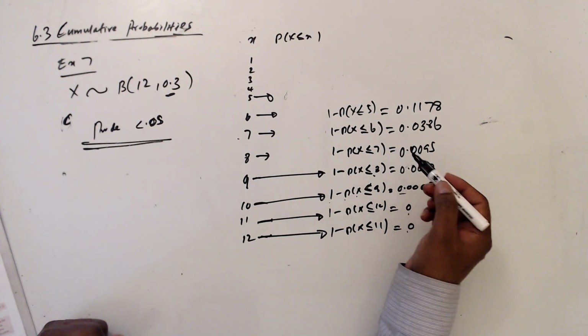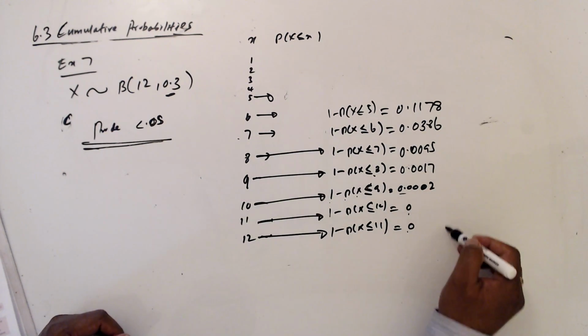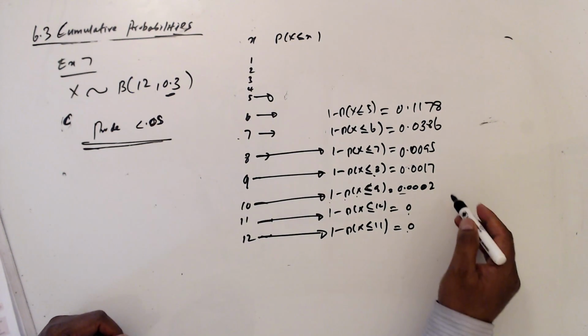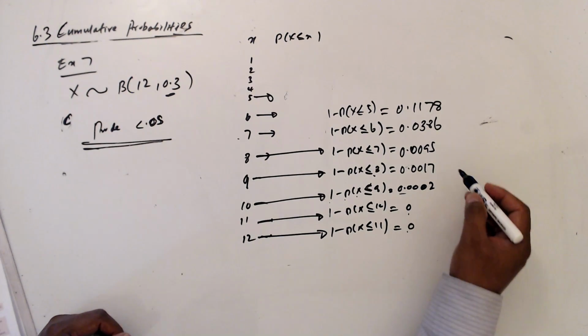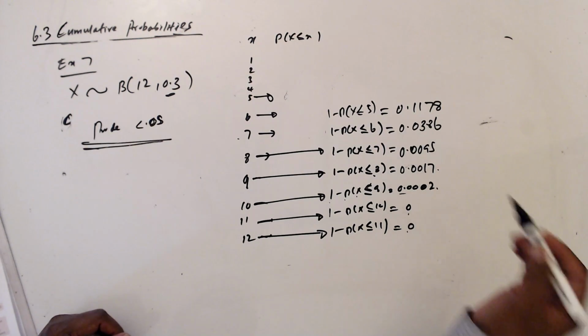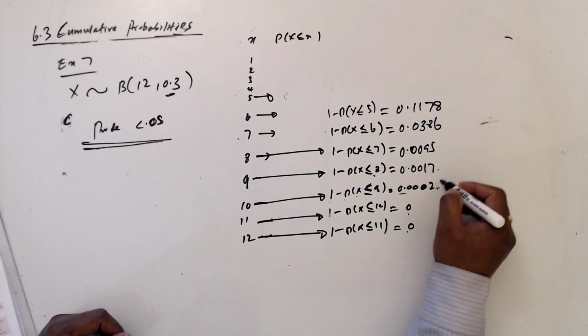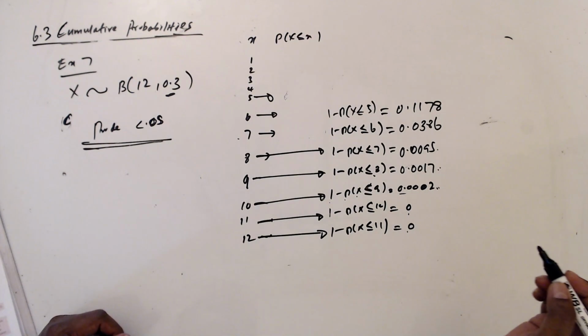So likewise this is 8, up to 8. And this is this one plus this one. So when it comes to here, this one plus this one plus this one.